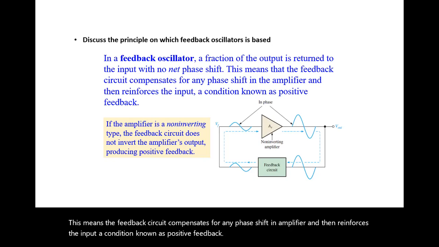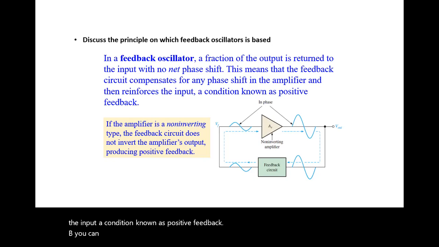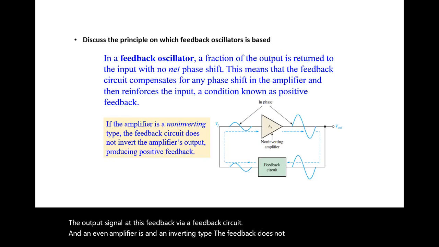There you can see a non-inverting amplifier with the input signal, and the output signal is fed back via a feedback circuit. If the amplifier is a non-inverting type, the feedback does not invert the amplifier output, producing positive feedback.